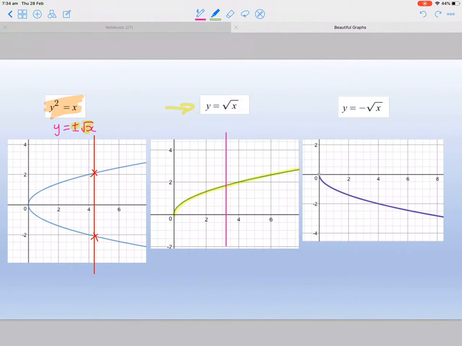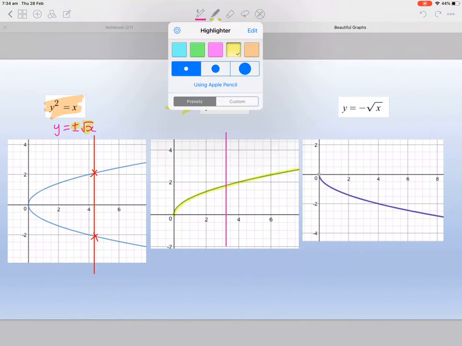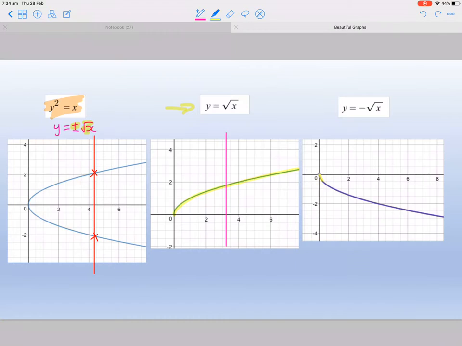Okay, and the negative one looks as expected. It's just that bottom bit as well. And it still is a function because it passes the vertical line test there. It only crosses once. Okay, so we can do a variety of things with graphs, and we need to become familiar.